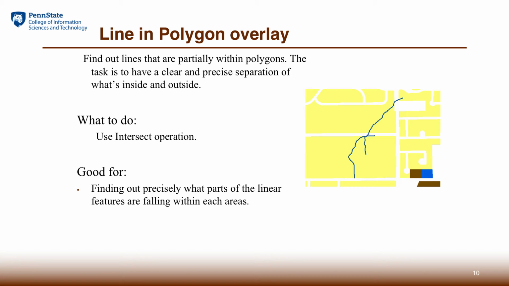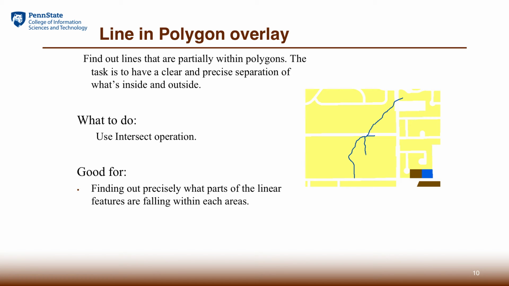So this kind of analysis is very good at figuring out the percentage of linear pieces, for example roads and rivers. After the intersect operation, some statistics can be calculated, for example, how long a particular feature is within certain categories of areas.